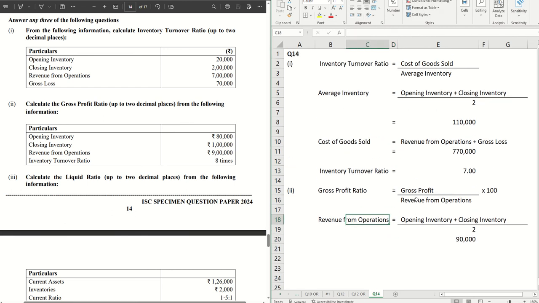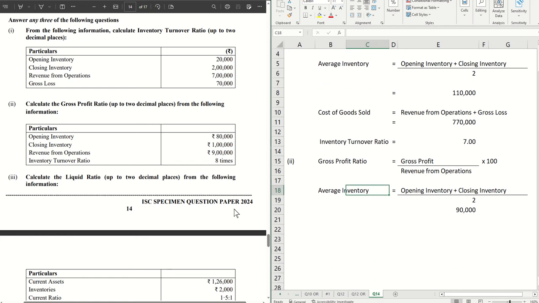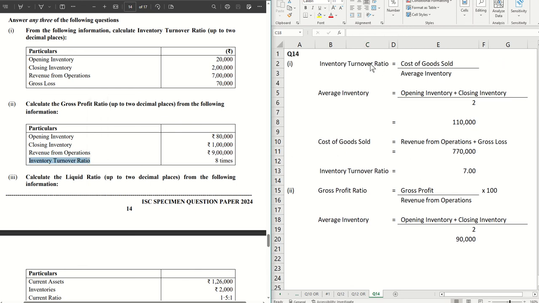That is our average inventory. Have to just change this number here. This becomes average inventory. 90,000 is average inventory.